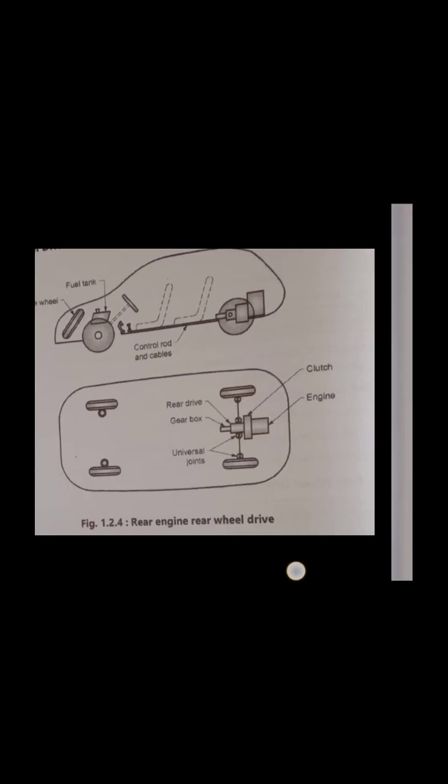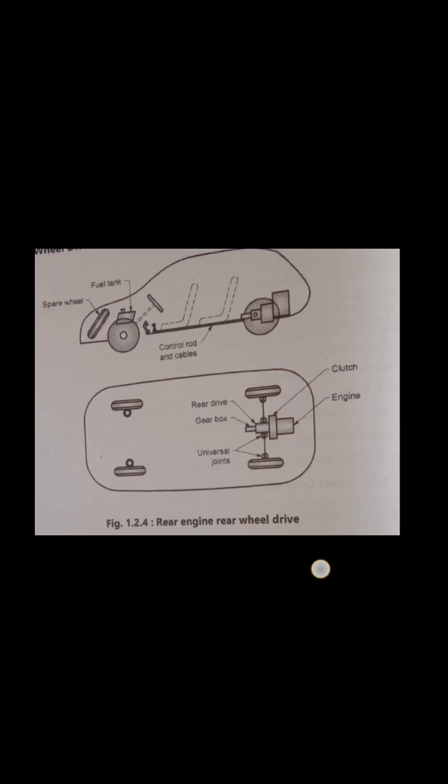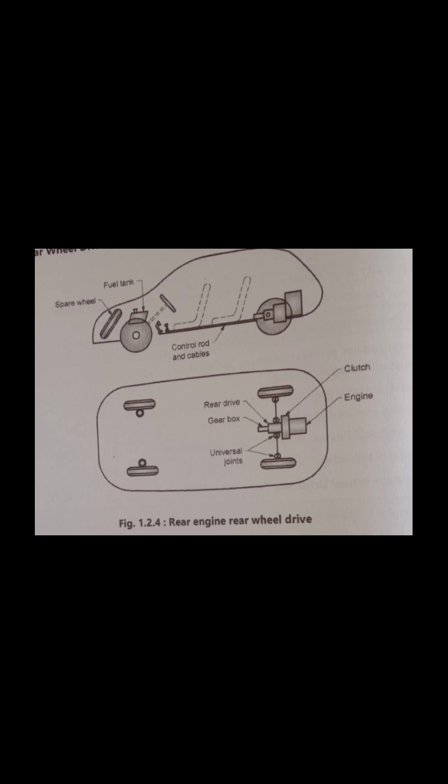All the transmission components and the engine are in the rear side. An example you can see is the Tata Nano. The Tata Nano is an example of rear engine rear wheel drive.